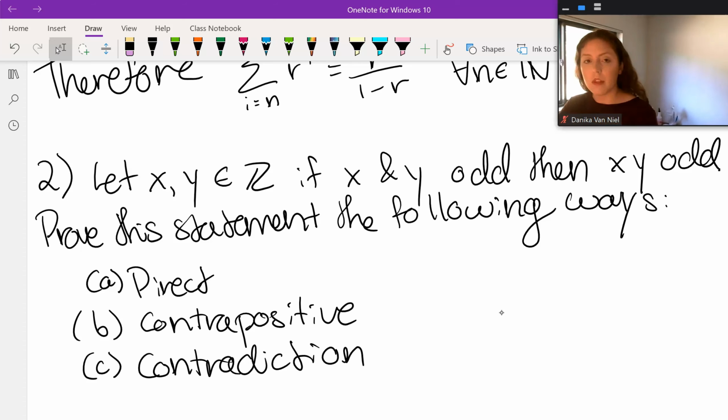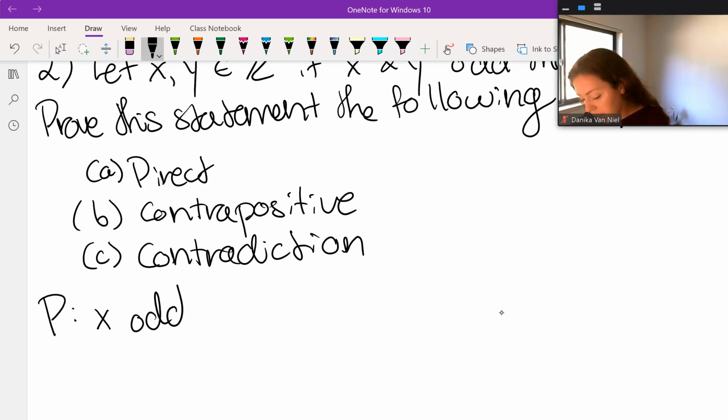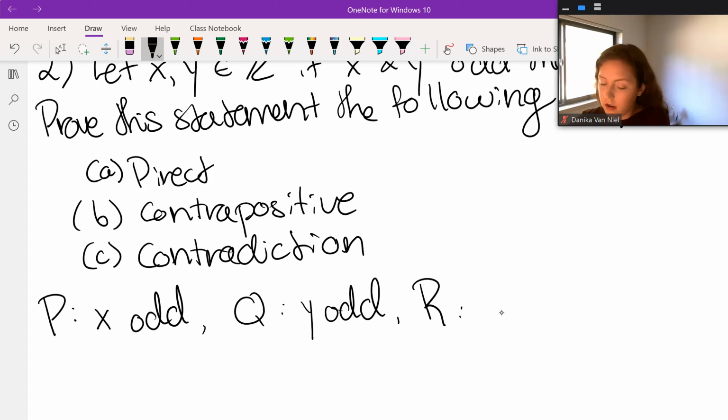Okay, let's break it down into statements. Let P mean that x is odd, Q means that y is odd, and R is that x times y is odd.